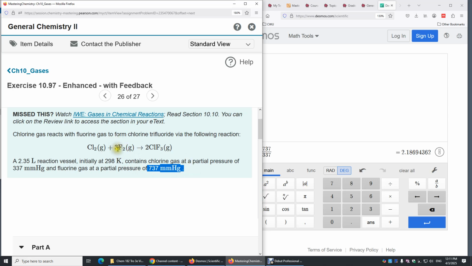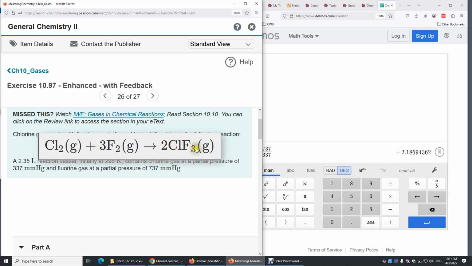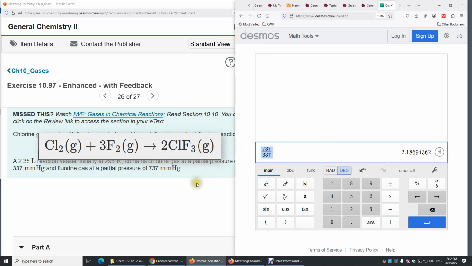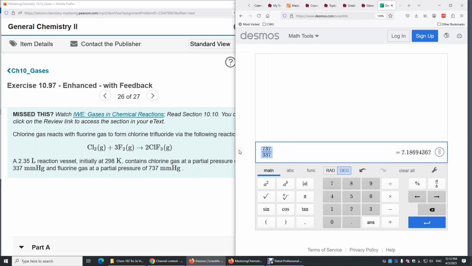And then the number of moles times 2/3 would be the number of moles of this product, chlorine trifluoride. So let's do PV equals nRT again. n equals PV over RT, and we'll calculate the number of moles of fluorine.